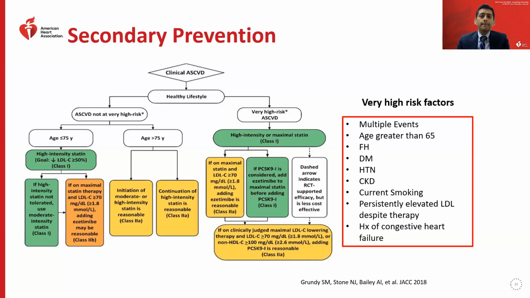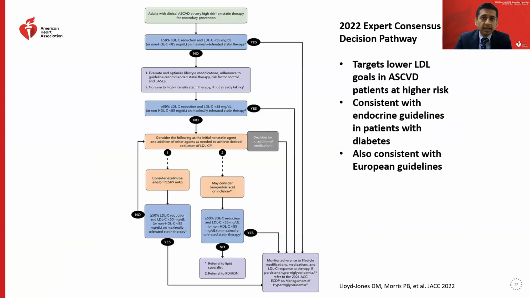And so in general, we really like to bring the LDL down in our current guidelines here in the US to less than 70 milligrams per deciliter, but the lower the better in general if you have high risk. And in fact, there was a recent expert consensus decision pathway that has advocated for bringing the LDL cholesterol down to less than or equal to 55 in very high risk patients. And this is also consistent with European guidelines, what our colleagues in Europe are also advocating for.